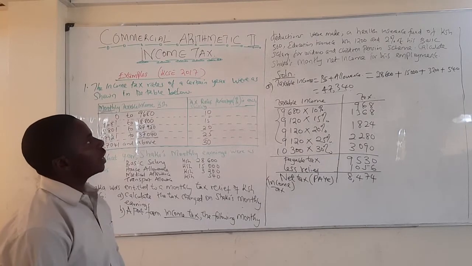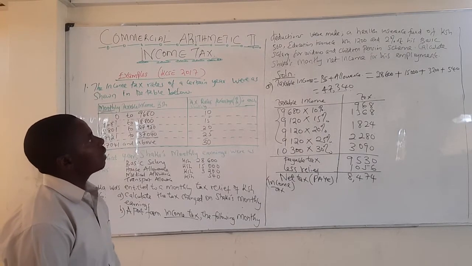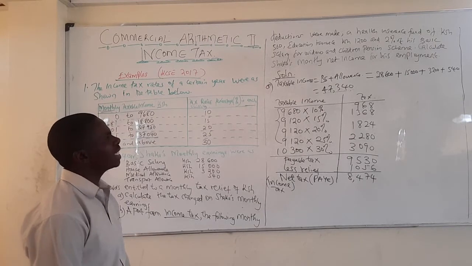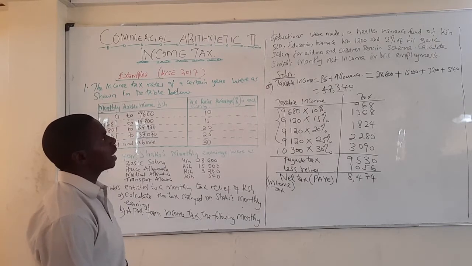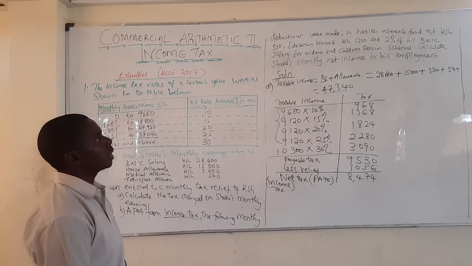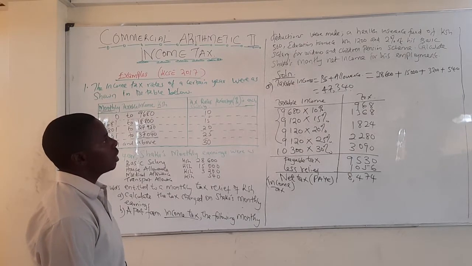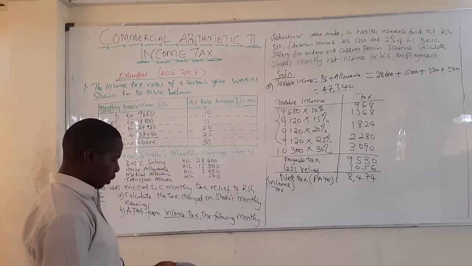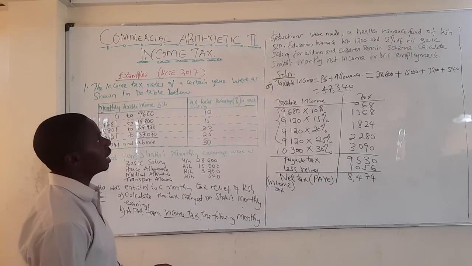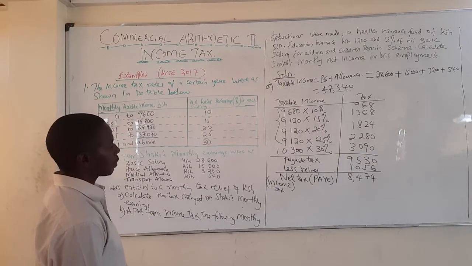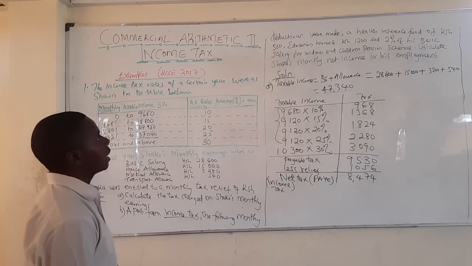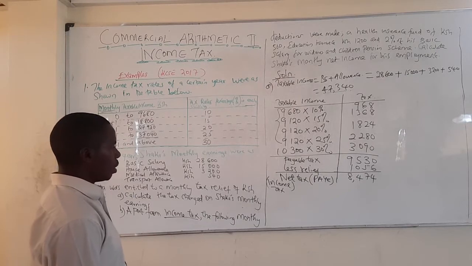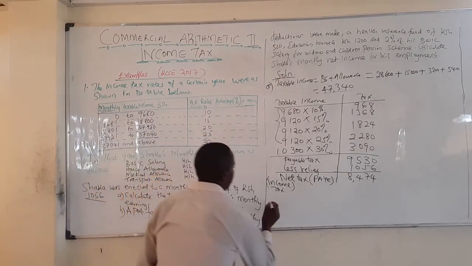We get the insurance fund, 500, education insurance, 1,200, 2% of the basic salary for widows and children pension schemes. So in this case, we need to ask ourselves, how do we get to the net income?